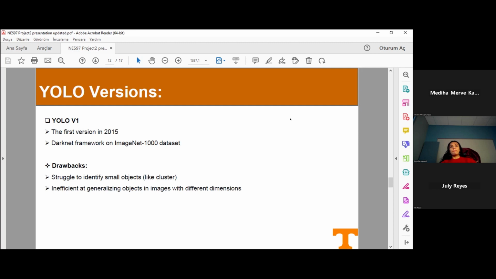Actually, I checked this and it seems it uses the Darknet framework with the ImageNet 1000 dataset, but YOLO V2 uses Darknet 19. I checked this once again, so cross-check that YOLO V1 is based on GoogleNet. Yeah, I remember, GoogleNet is used there. Okay.